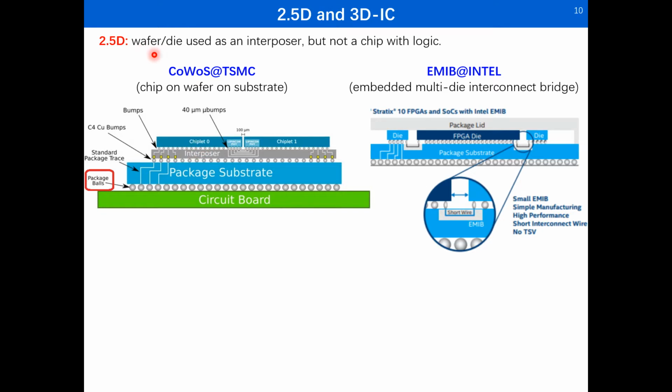However, the interposer wafer and the bridge die are not real dies. They do not have their own logic. They are only used for interconnects. They are not active. That's why they are only regarded as half of a die. So both of the 2 methods are called 2.5D.